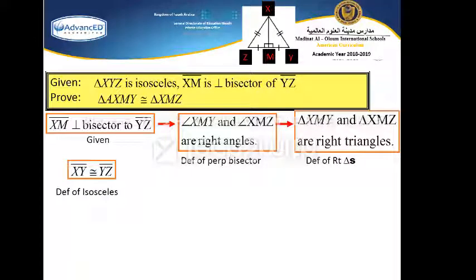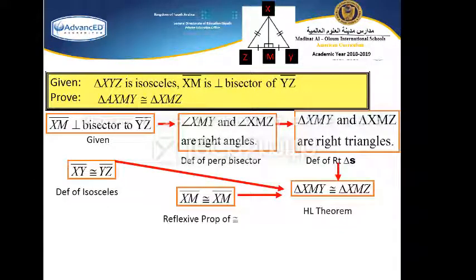Here in the given, XY is congruent to XZ. This is the definition of isosceles triangles. XM is congruent to XM. This is the reflexive property. Then from here the two triangles are congruent by the HL theorem, because we have the hypotenuses XY and XZ in both of the two triangles congruent, because this is an isosceles triangle.